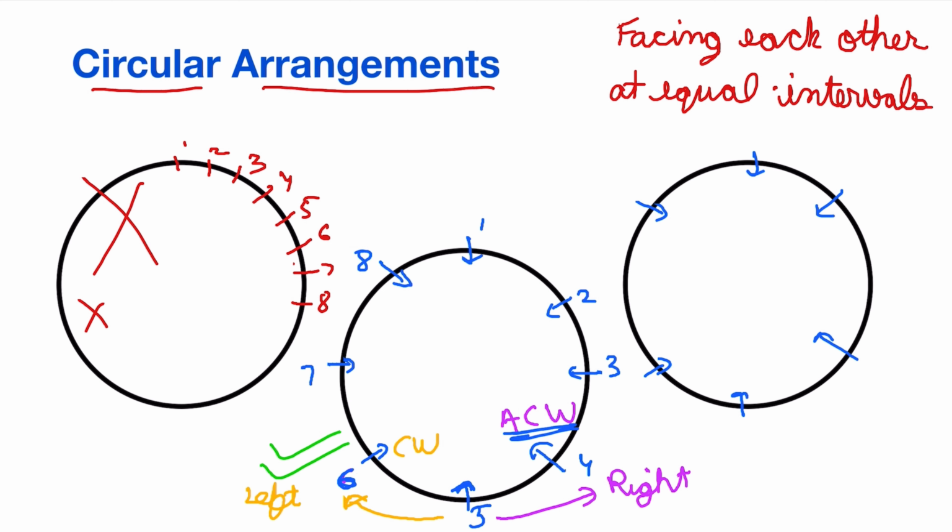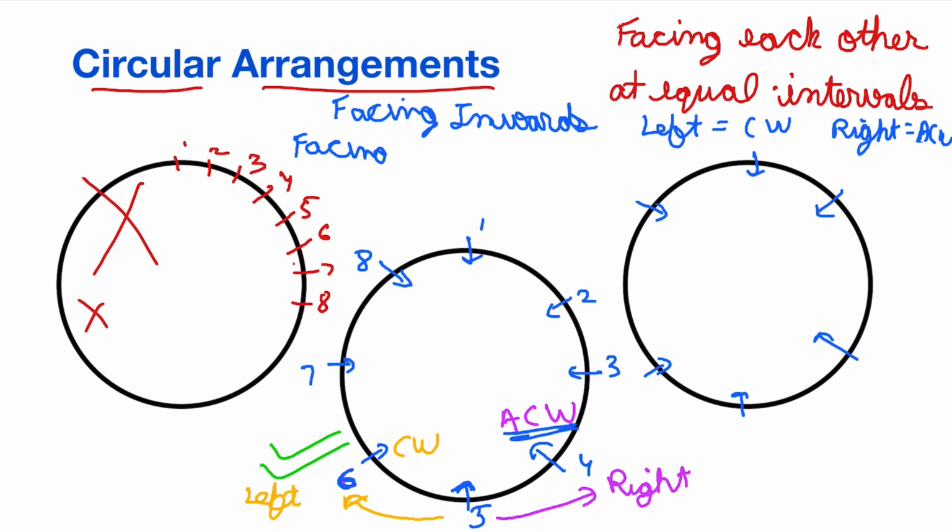And of course, for very obvious reasons, this entire statement changes if they are facing outwards. So what happens if facing inwards? Let's write it down. For facing inwards, left equals clockwise and right equals anti-clockwise, right? But on the other hand, facing outwards, left would be anti-clockwise and right becomes clockwise.